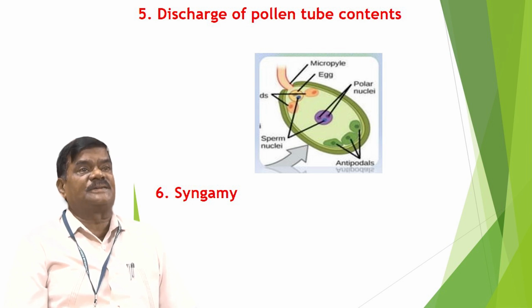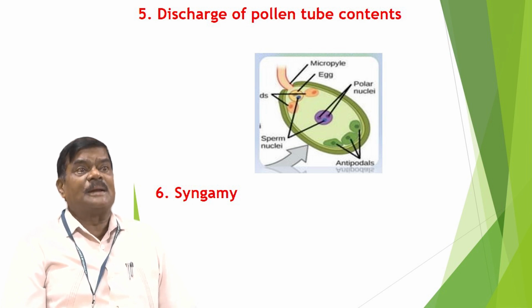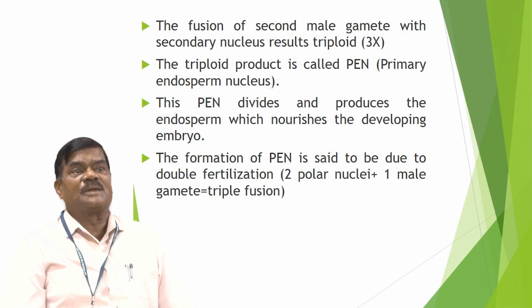The fusion of the second male gamete with the secondary nucleus results in triple fusion. The triploid product is called the PEN cell. PEN means primary endosperm nucleus. The primary endosperm nucleus divides and produces the endosperm, which nourishes the developing embryo.